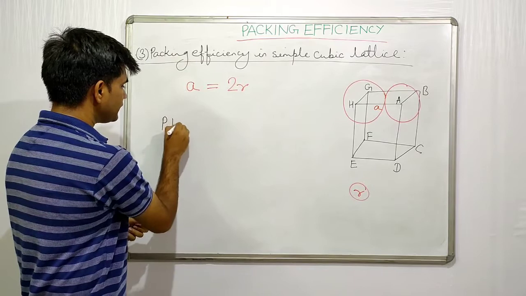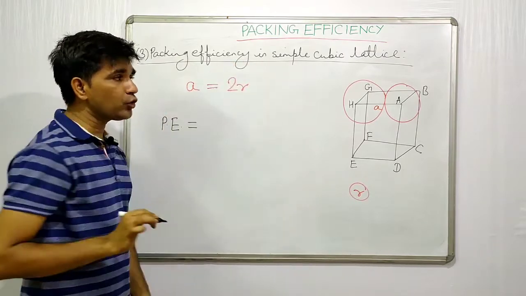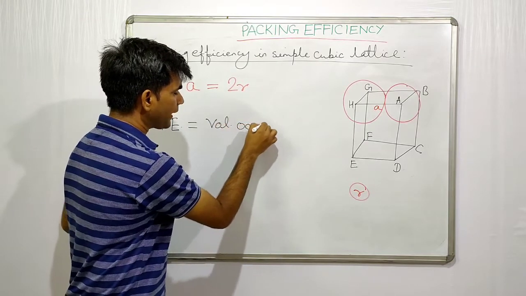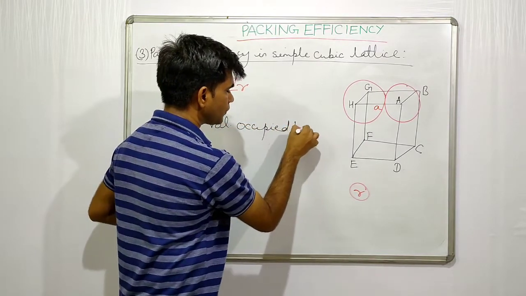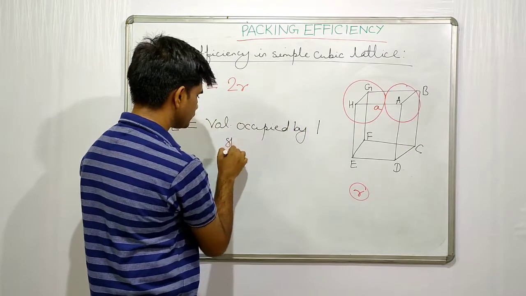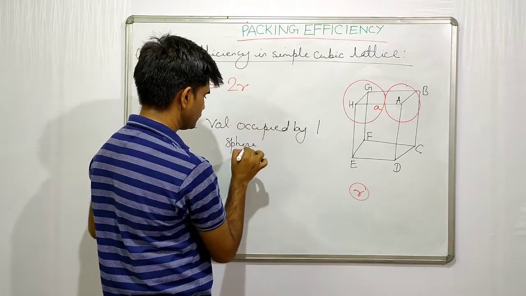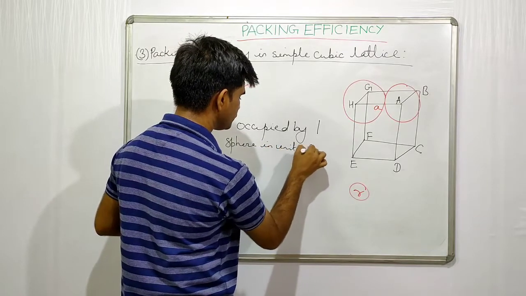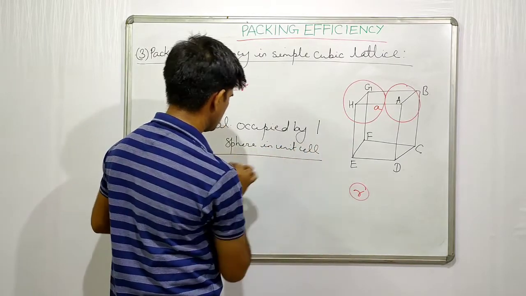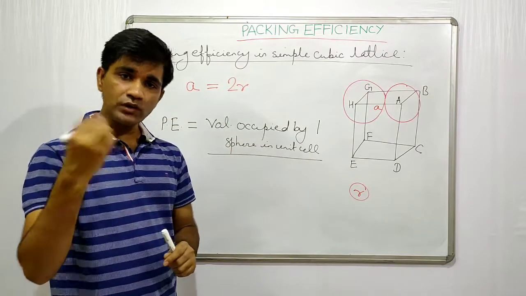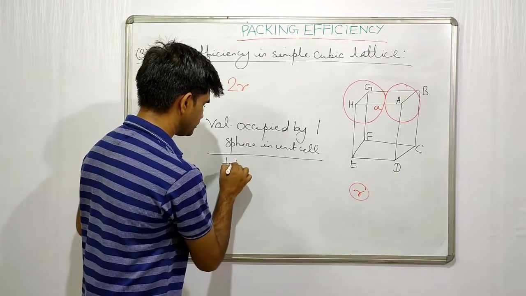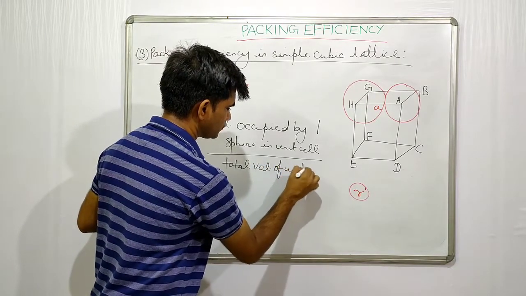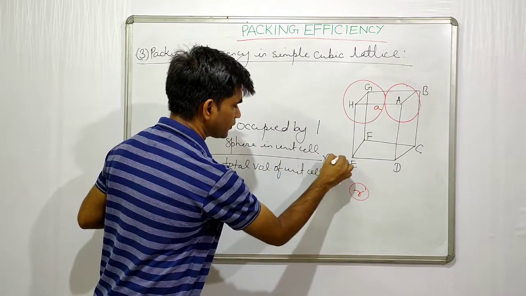Packing efficiency in case of simple cubic lattice is equal to volume occupied by one sphere in unit cell upon total volume of the unit cell into 100%.